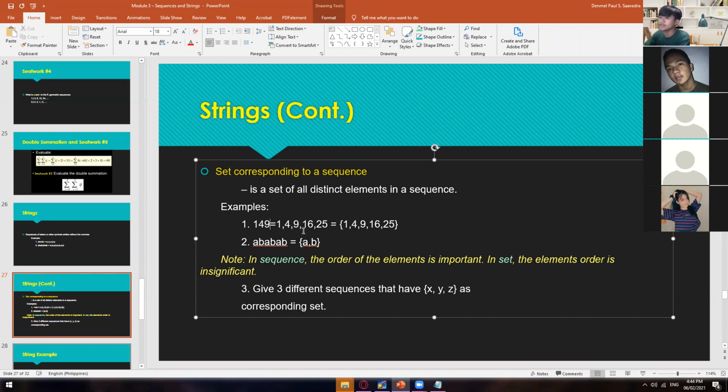We'll get 1, 4, 9, 16, 25 as 149 16 25. That is the string format for those sets and sequence. So the same with this one. This is the set, and then this is the sequence. Sorry, this one is actually already the string. If you want to transform this one into a sequence, then you have to put commas.